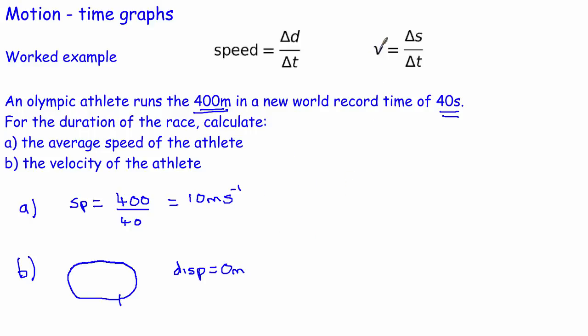And if velocity is the change in displacement divided by the time, then 0 divided by 40 is quite simply 0 meters per second. So from a velocity point of view, this person ran at 0 meters per second simply because they started off here and they finished off here as well.